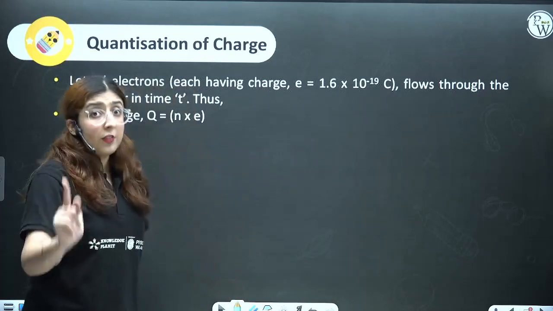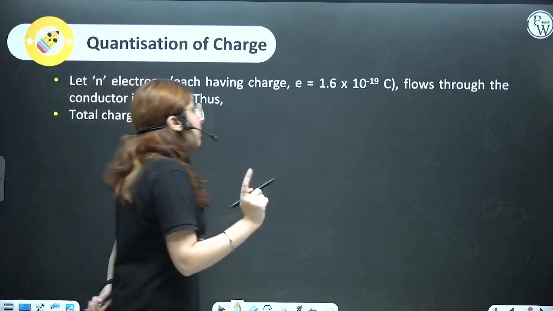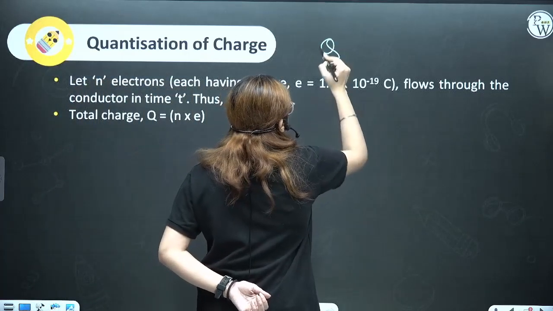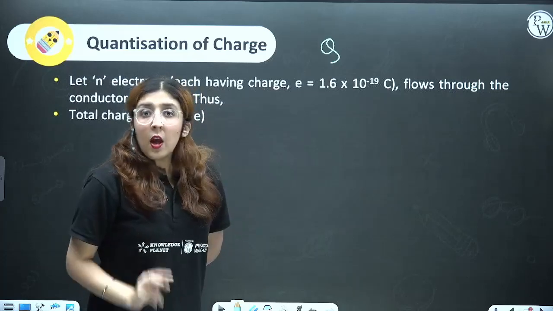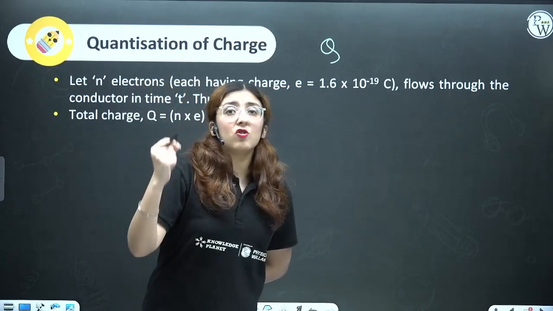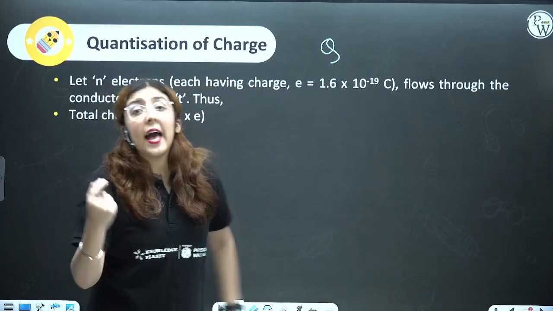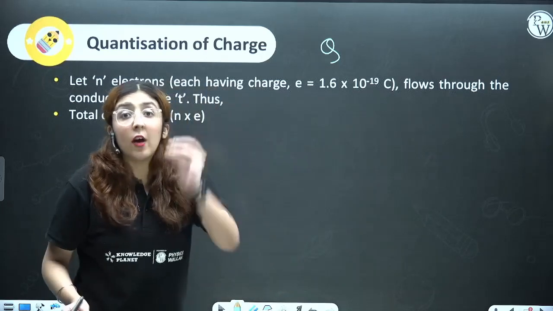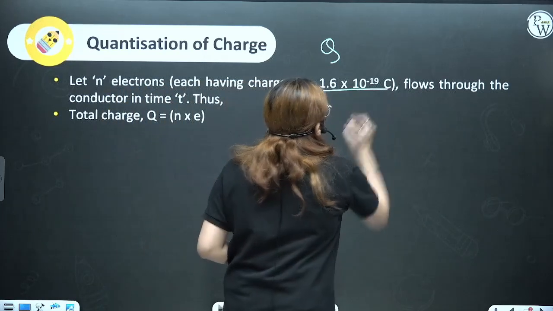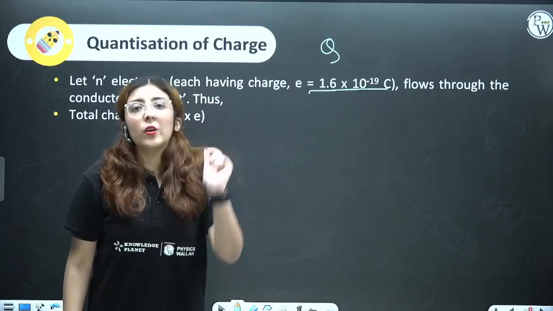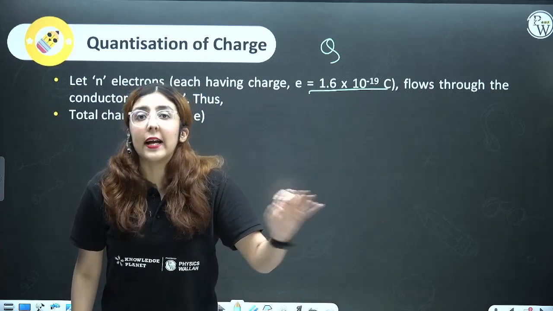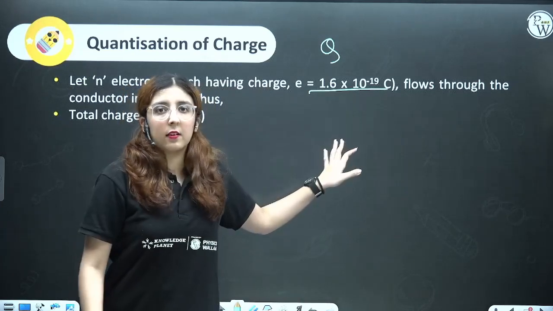What is the symbol for charge? Q. The smallest charge I can find is on an electron, and it is 1.6 into 10 to the power minus 19 coulomb. You have to memorize this.